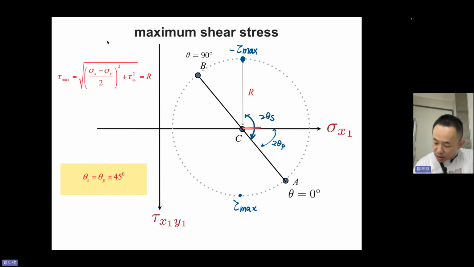And you see sigma 1 goes up 90 degrees and goes down 90 degrees, which means that theta s equals theta p plus 45 degrees or minus 45 degrees. Everything is satisfied, right? Very good.